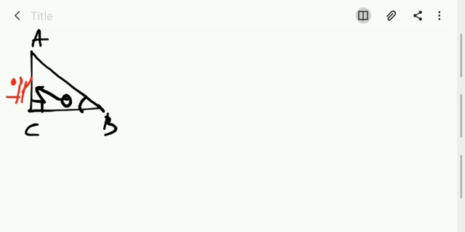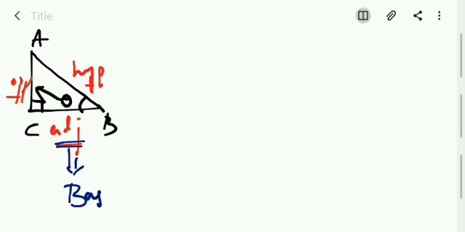Anything which is adjacent to that angle, we call the adjacent side. And we all know this is the hypotenuse. Now if you clearly observe over here, this adjacent side is nothing but the base of the triangle ABC, and the opposite.